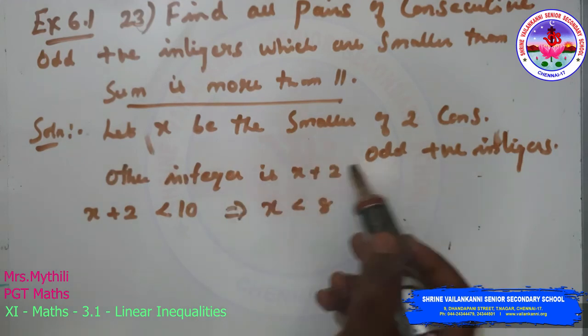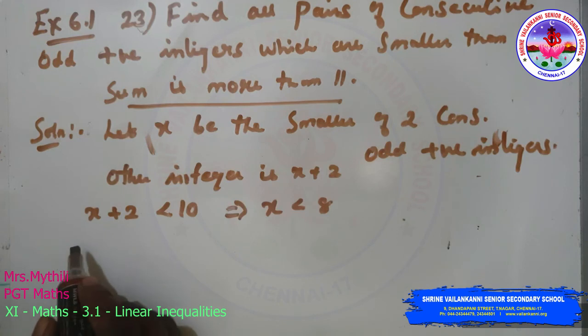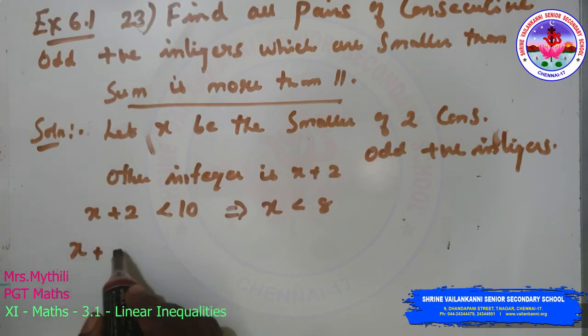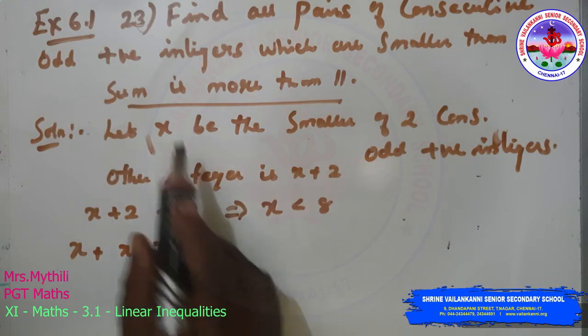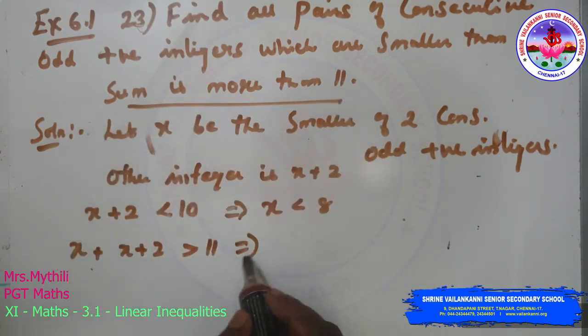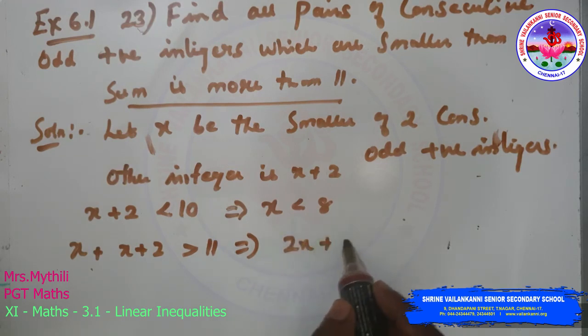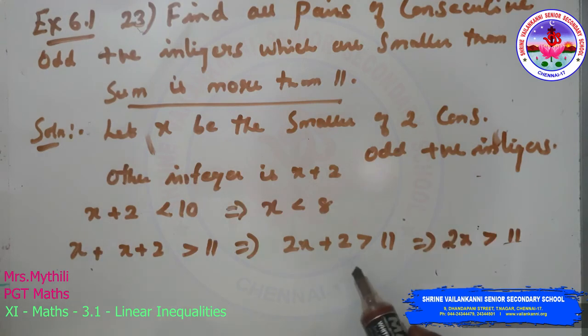So the first integer is x and the second one is x plus 2. Sum of the two integers, x plus x plus 2, is greater than 11. So it's given that sum is more than 11. So x plus x plus 2 is greater than 11, which gives 2x plus 2 is greater than 11.